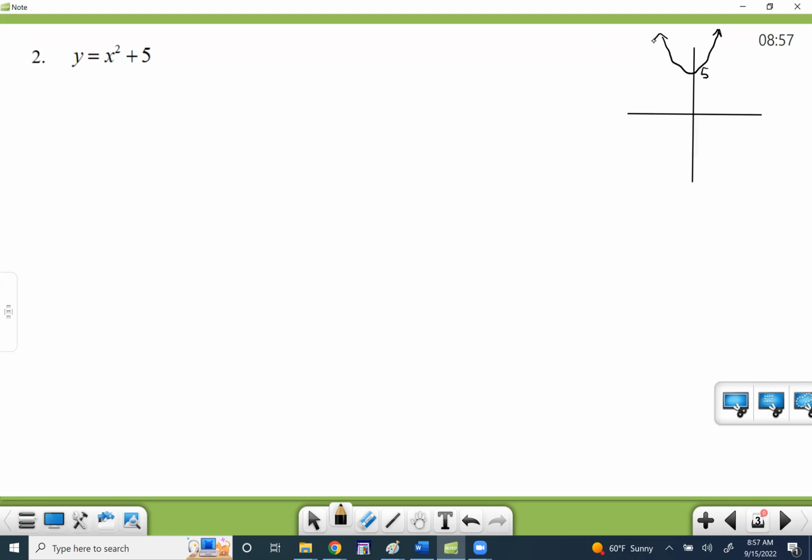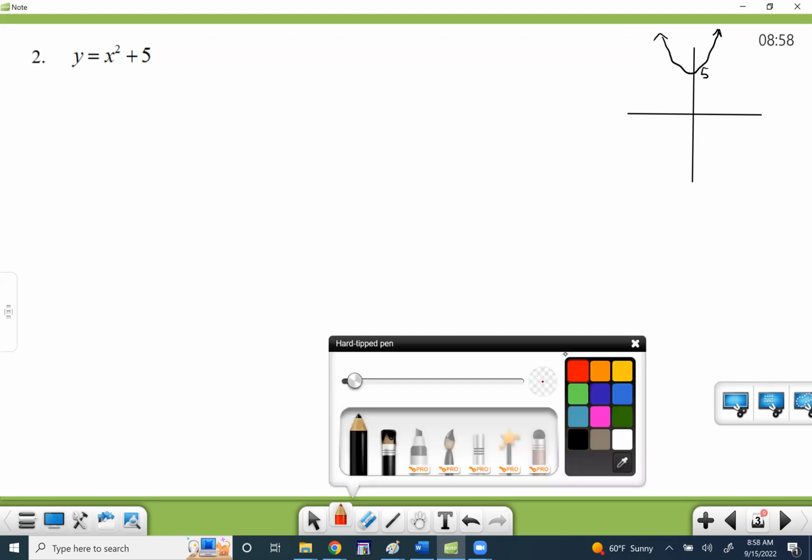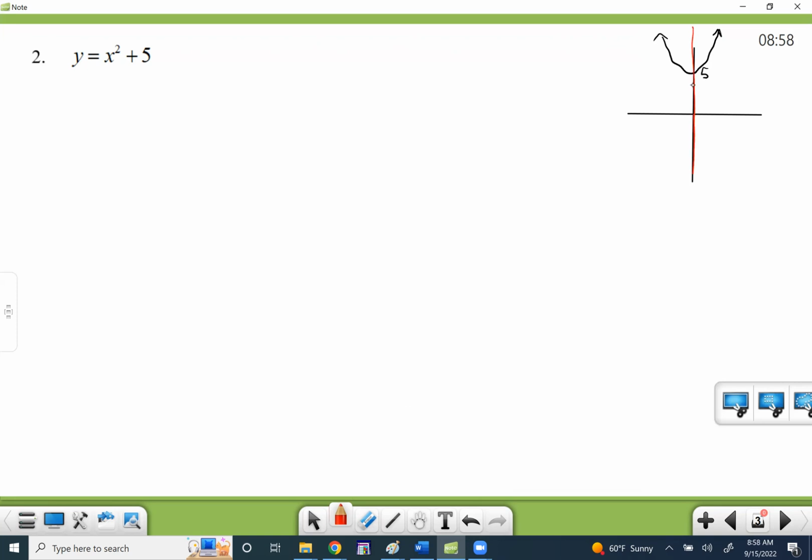Oddly enough, I kind of shook in a symmetric way almost. So yeah, this does have symmetry. This is going to be symmetric to the y-axis, right? You can see right here for our y-axis, it looks the same on both sides. So if we're thinking visually, then our conclusion is symmetric to the y-axis, okay?